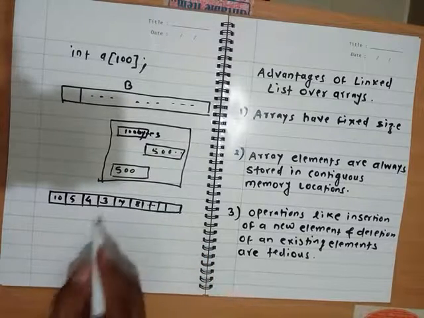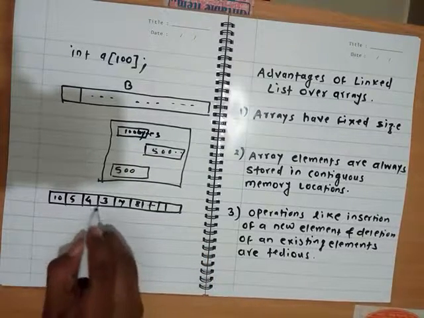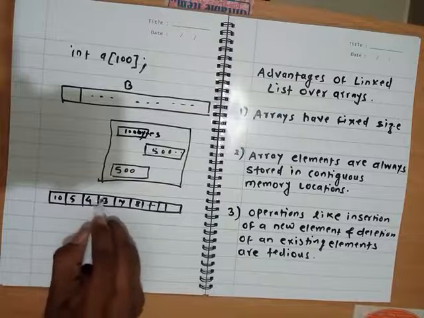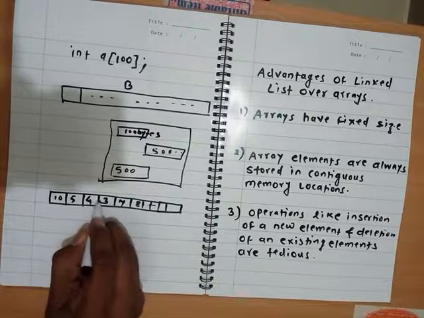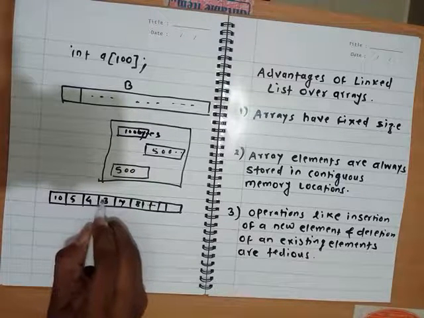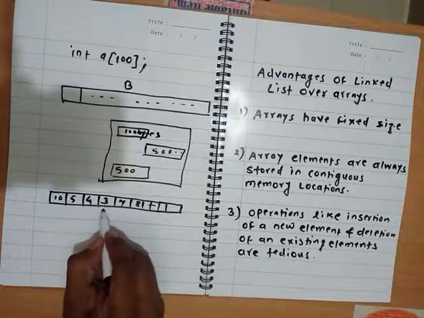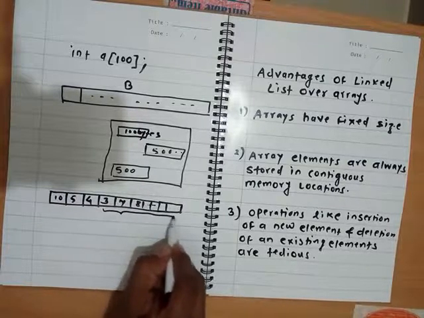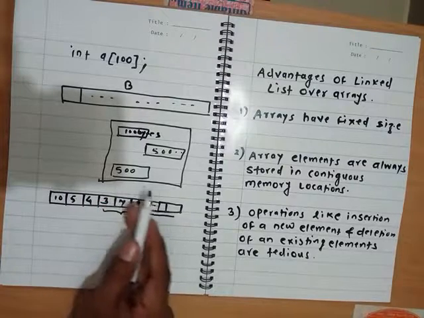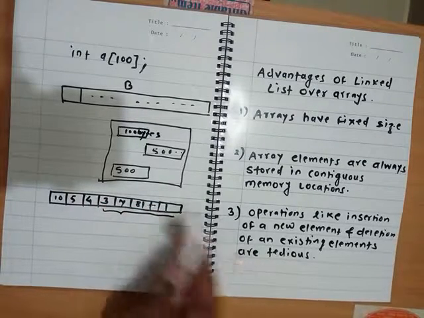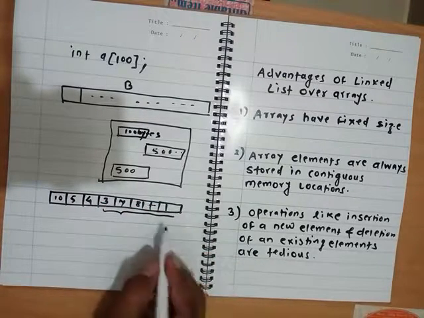Now let's say I want to insert a new element between 4 and 3. In that case, I need to shift all elements starting from 3 onwards one place to the right. So that's a tedious job.